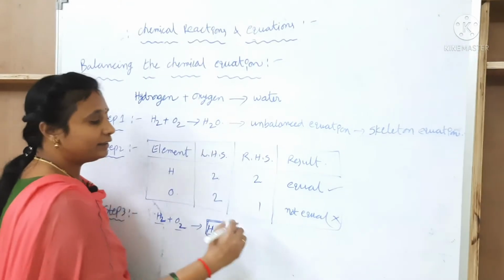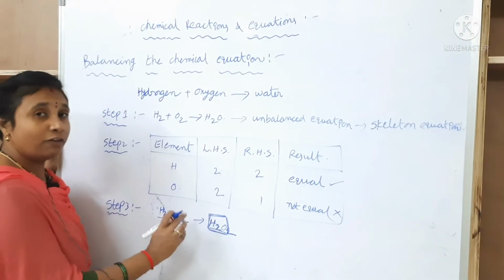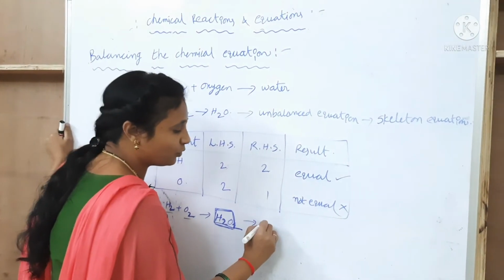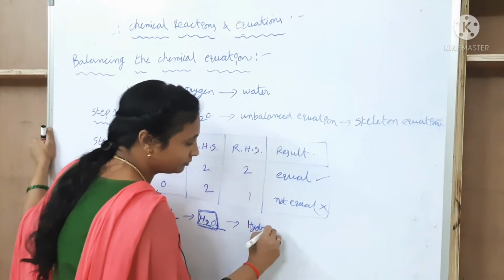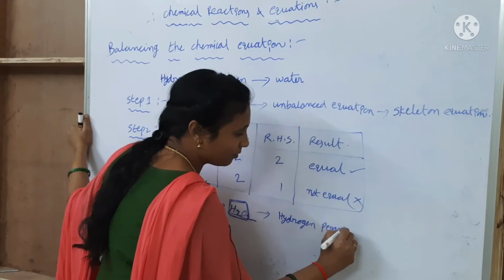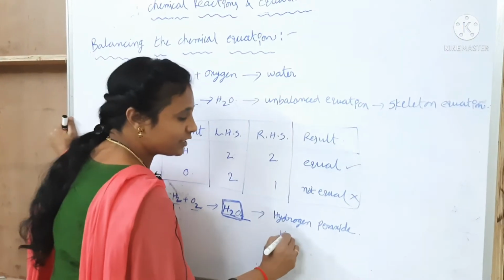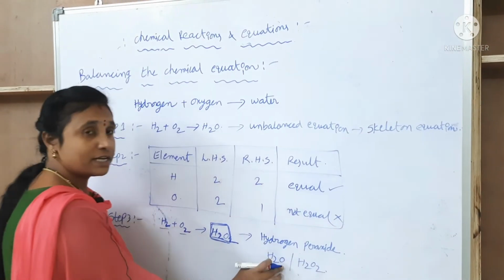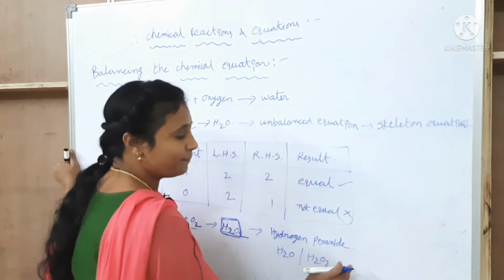Water is generated by using hydrogen and oxygen, but H2O2 is hydrogen peroxide. There is a difference between H2O and H2O2. H2O is water, H2O2 is hydrogen peroxide.